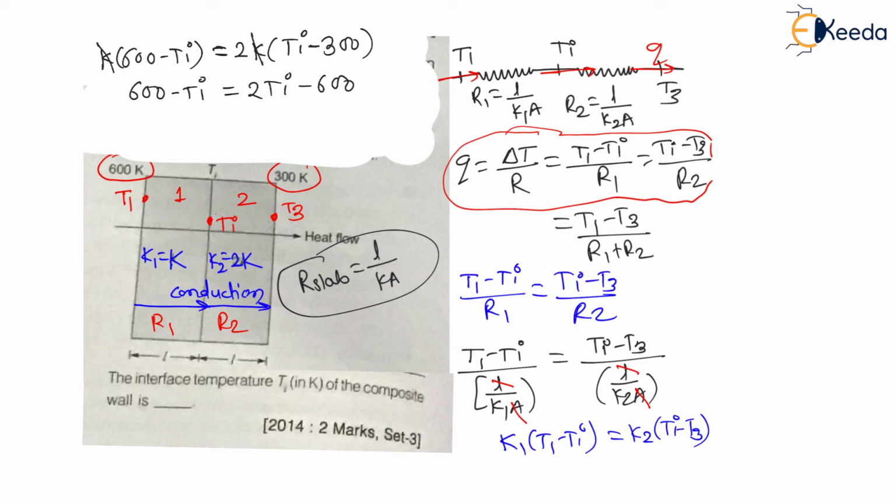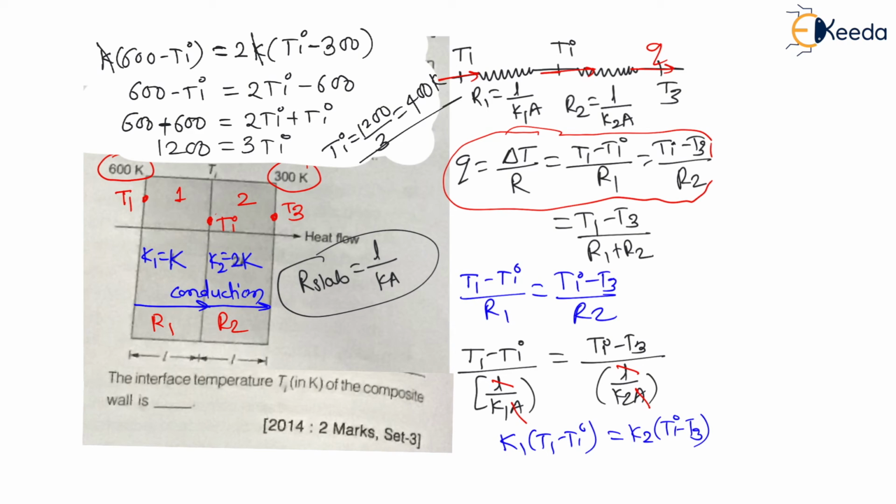Moving terms, 600 plus 600 on the left side is equal to 2 Ti plus Ti on the right side. Therefore 1200 is equal to 3 Ti. So Ti will be equal to 1200 divided by 3, which is 400 Kelvin. Therefore for this question your answer is 400 Kelvin. They are asking in Kelvin only, so here you have to type 400.